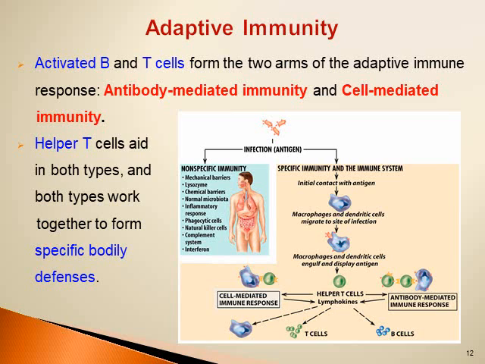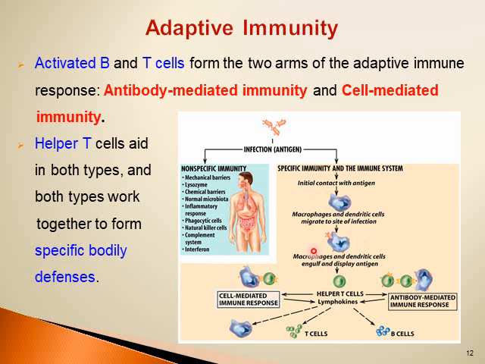As you can see here, we have an infection with an antigen, or any invader that has antigens. This will stimulate the innate or non-specific immune response that we covered in the previous lecture, and also the specific immunity of the immune system. As the initial contact with the antigen, the macrophages and the dendritic cells will migrate to the site.